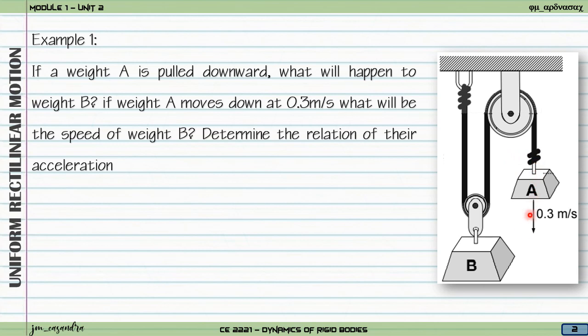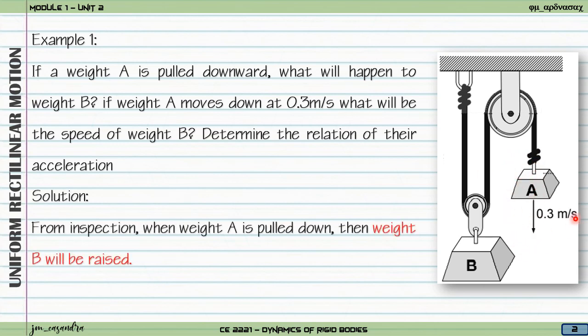By inspection, we can see that when we pull block A, weight B will be raised up. So that is our answer to the question of what will happen to weight B when A is pulled down.